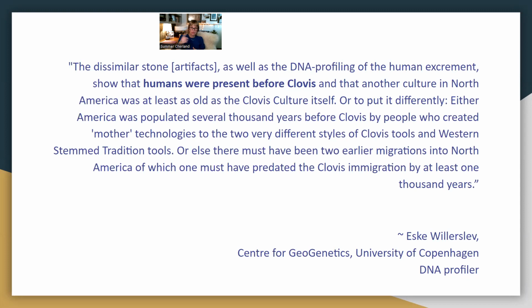So that's option one, there were people here who created the tools in the first place and innovated. Or there were 2 earlier migrations into North America, of which one would have predated the Clovis immigration by about 1,000 years. So if you've seen those maps of human beings arriving in the Americas through this migration across Beringia, you might see other people saying, actually, we can challenge that through the tracing of human DNA.